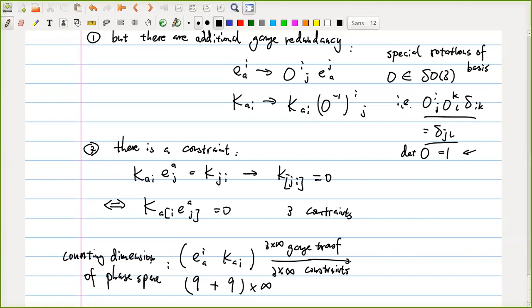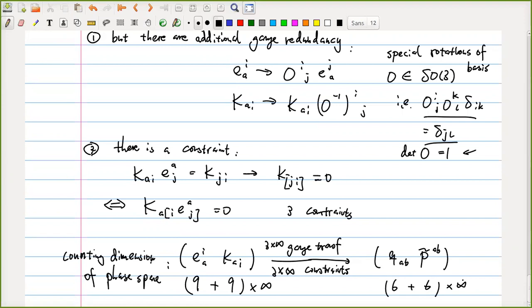So in total you remove 6 times infinity, or it's like 3 times infinity removed from E and 3 times infinity removed from K. Then the result is exactly q_ab and p^ab, which is 6 plus 6 times infinity. The dimension indeed matches because 9 minus 3 is 6.